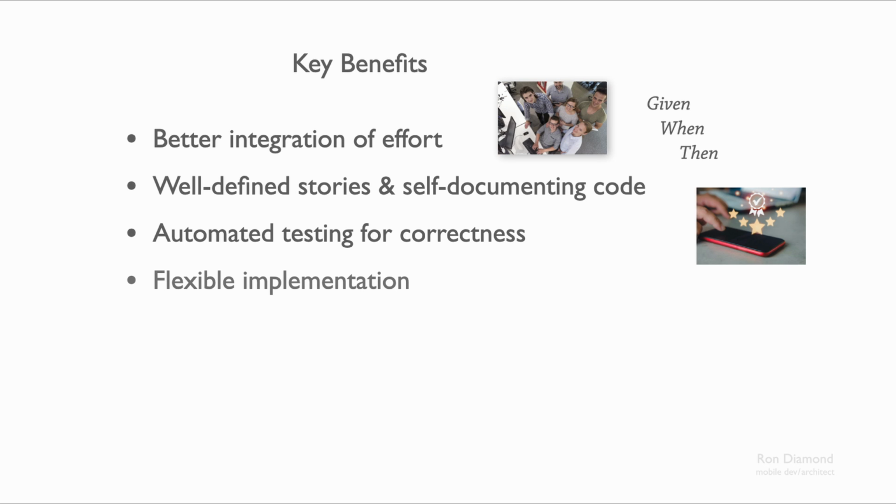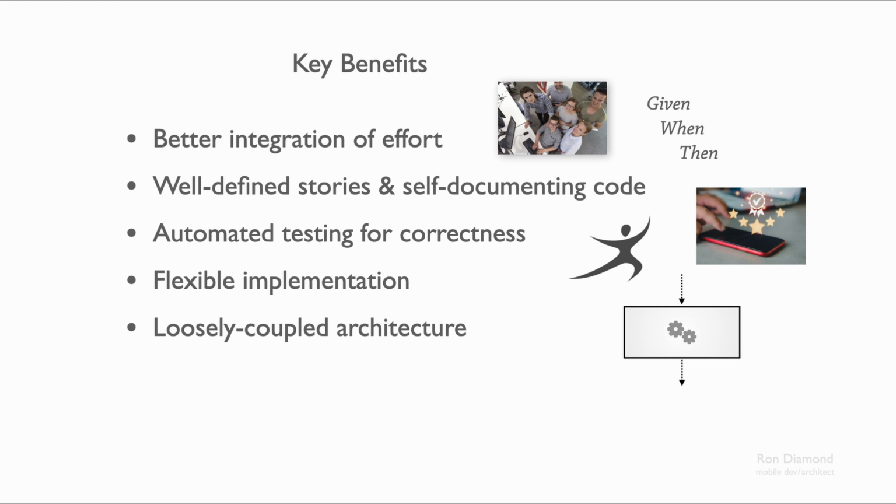Our implementation is flexible. Refactoring the code doesn't break the tests, so we can continue to iterate on that code and build on our automated test suite without the usual fear of obsolescence. And by taking a high-level approach to development and testing, it also encourages an application architecture that's loosely coupled from implementation details.